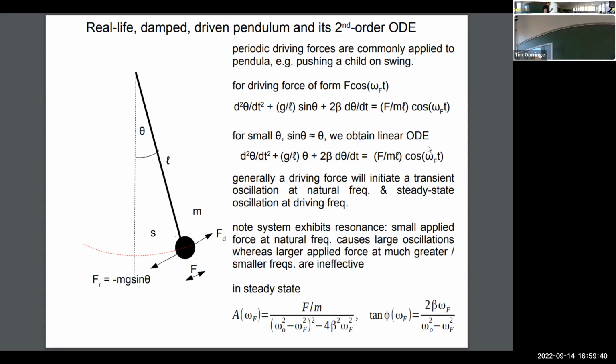An interesting thing happens when you apply a driving force to a pendulum. Suppose we've got a pendulum swinging backwards and forwards, and we switch on the driving force, like a child swinging and then you start pushing. There is a transient period in which things change. Before we apply the driving force, the pendulum swings at its natural frequency.